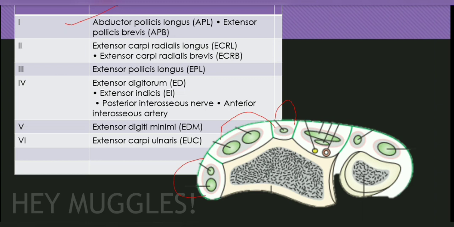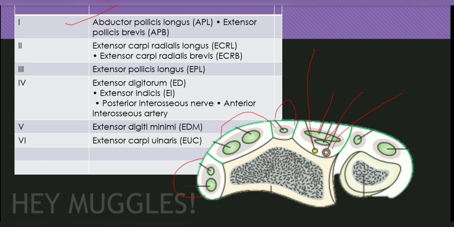Then we have extensor digitorum, extensor indicis, and the posterior interosseous nerve and anterior interosseous artery. Posterior interosseous nerve is the deep branch of your radial nerve, and anterior interosseous artery is the deepest artery on the front of your forearm.